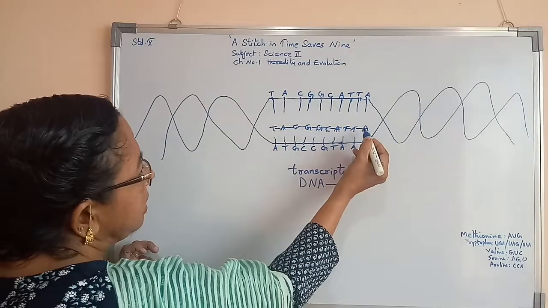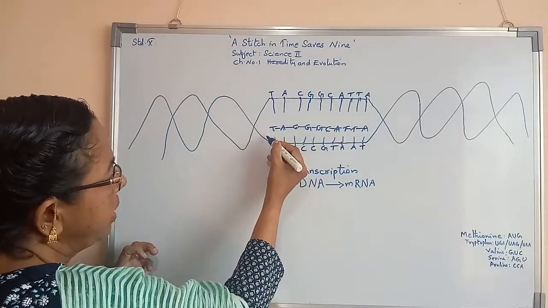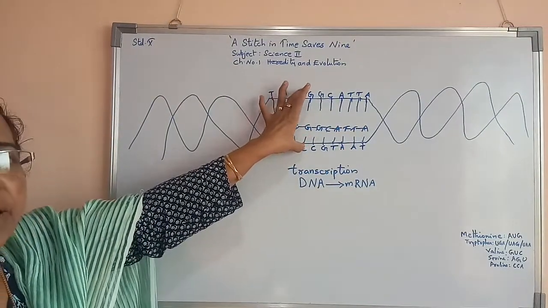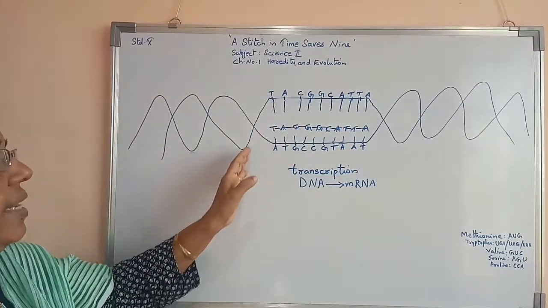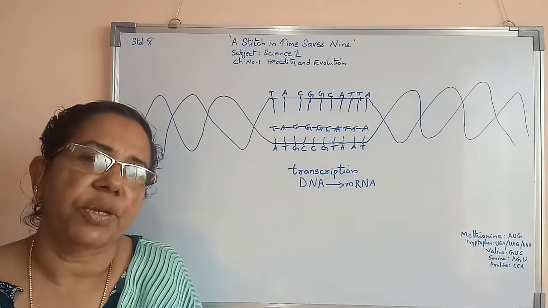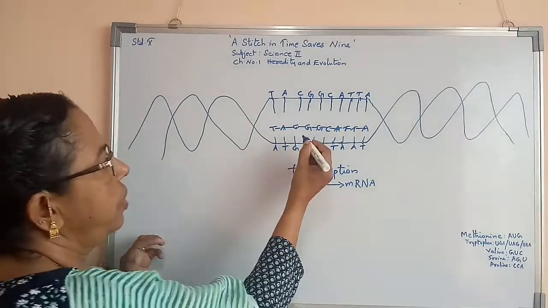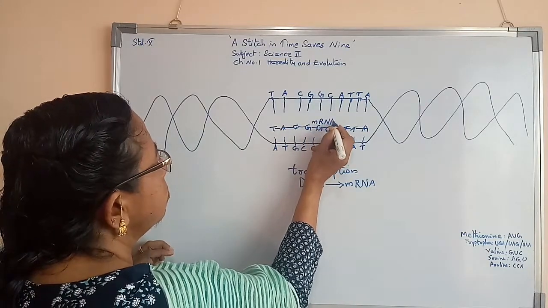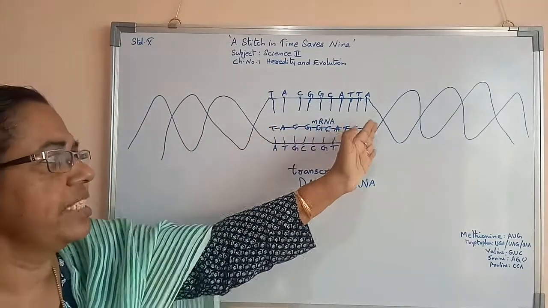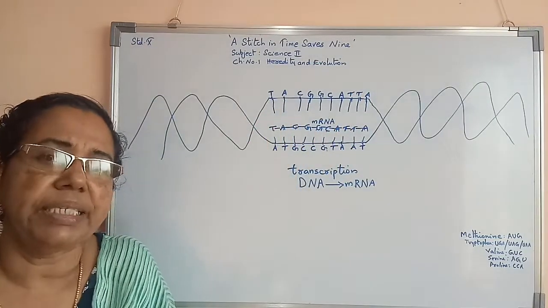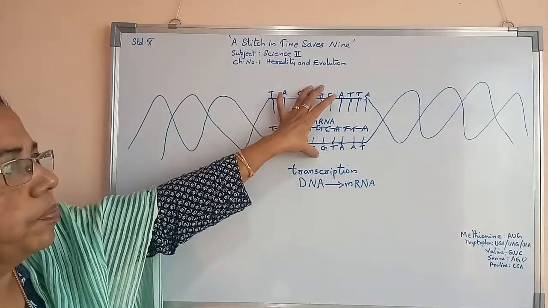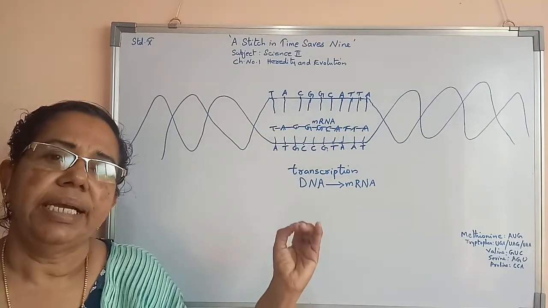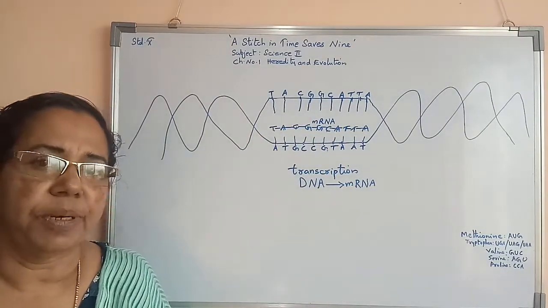Then this messenger RNA will slowly come out from this strand or this coil and it will enter into the cytoplasm. So here now we can say that this is known as messenger RNA. As and when the formation of messenger RNA takes place, it will come out from this DNA and from the nucleus and it will enter into the cytoplasm.